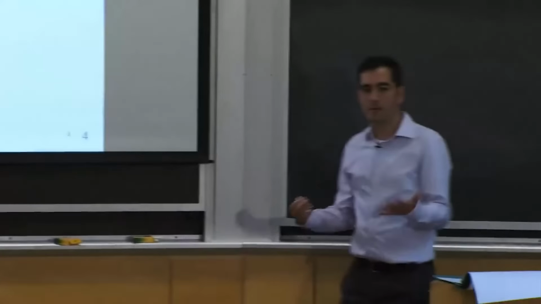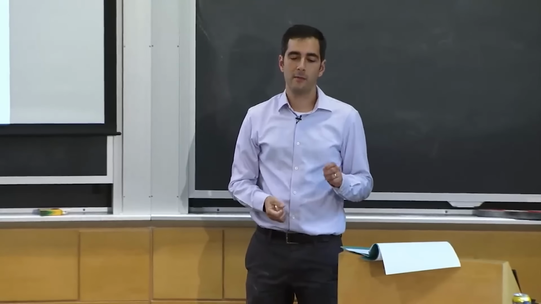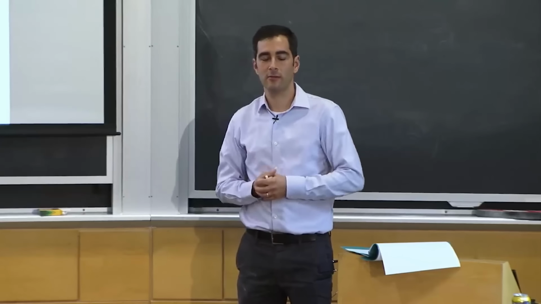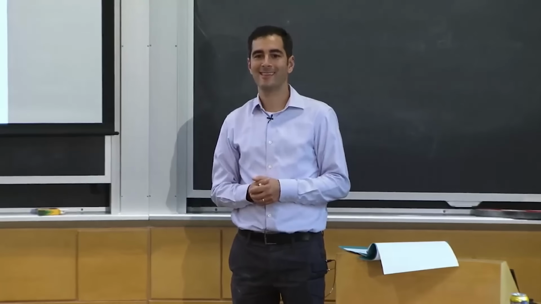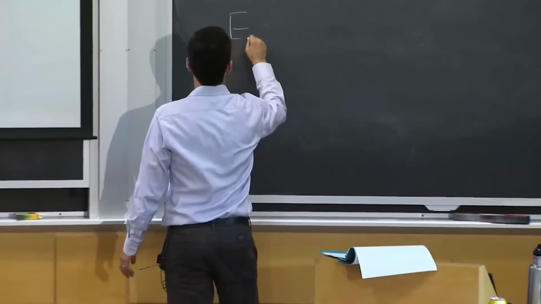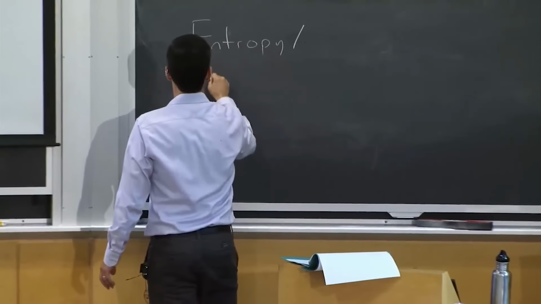So we've seen two examples, and we've done two experiments. In one example, entropy seemed to rule the day, but in the other example, energy seemed to rule the day. On the one hand, we have entropy, or disorder.